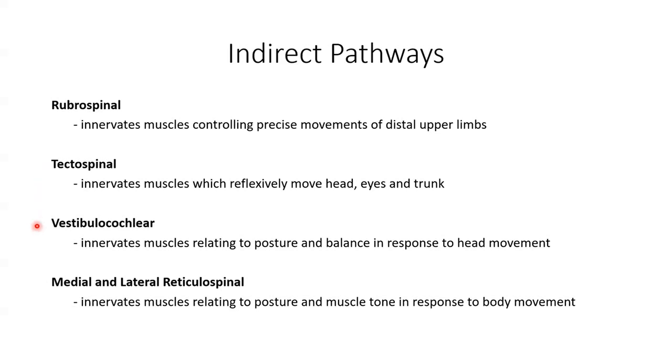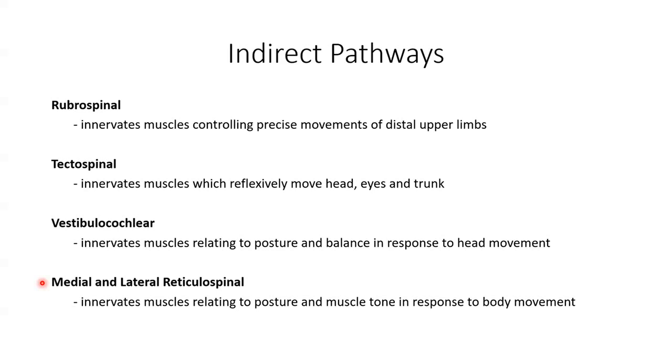We then have the vestibulocochlear pathway. So this innervates ipsilateral movement. So these are muscles on the same side. It's in the trunk and the proximal part of the limbs. These muscles help maintain posture and balance in response to head movements. And then lastly, we have the medial and the lateral reticulospinal pathway, which also innervates ipsilateral muscles of the trunk and the proximal limbs.